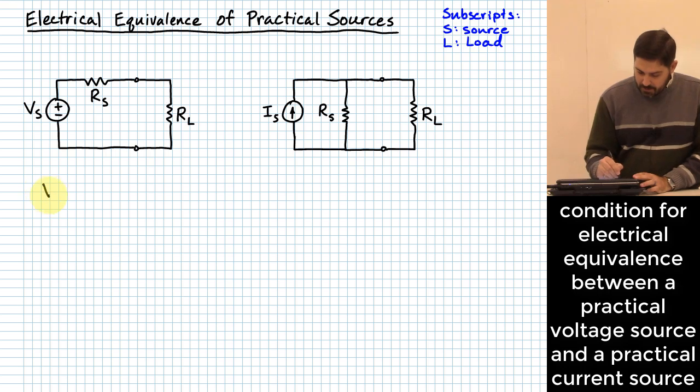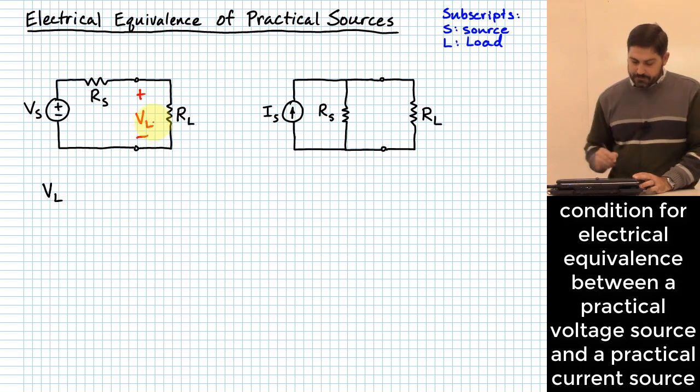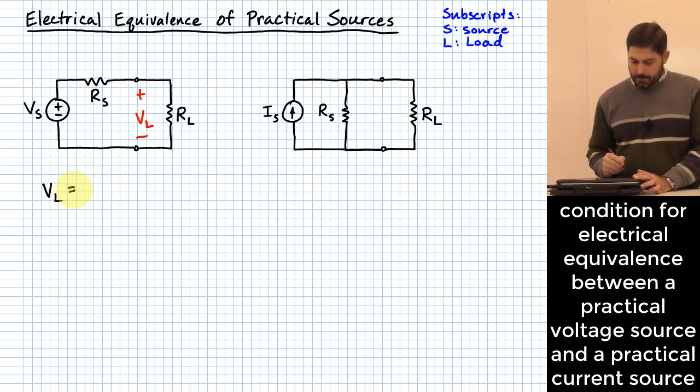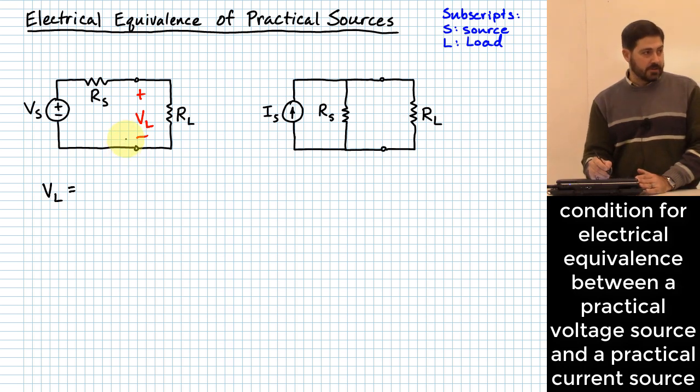Okay? So what is VL? And I'll define VL as being the voltage across the load. Okay? What is that going to be for my practical voltage source? Okay, what is this circuit essentially? We used them all the way back in the freshman year. This is a voltage divider, right?